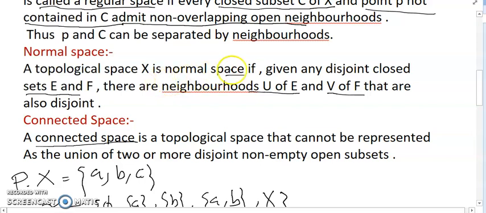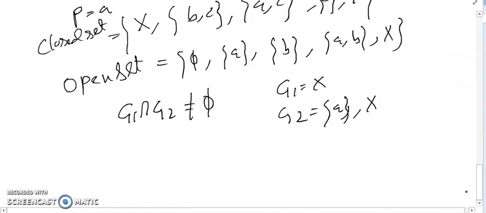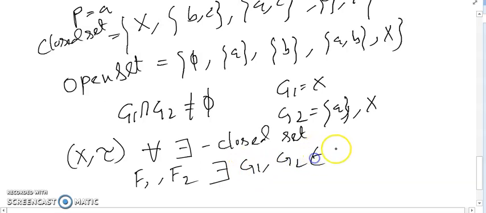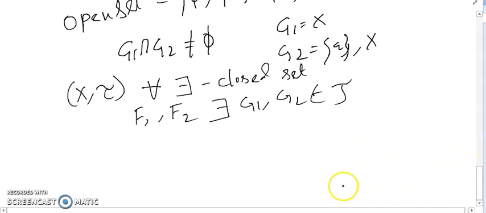So friends, for all disjoint closed sets F1 and F2 there exist G1 and G2 belonging to τ such that F1 is a subset of G1 and F2 is a subset of G2, but you cannot see this assertion.